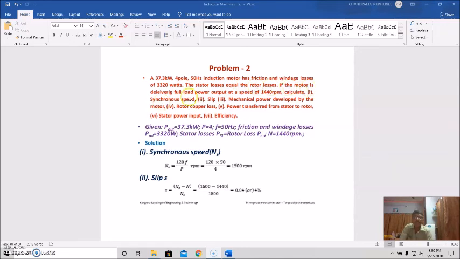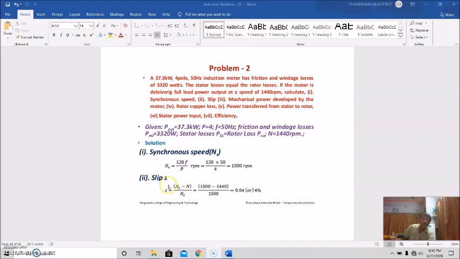If the motor is developing full load power output at a speed of 1440 rpm, calculate the synchronous speed, slip, mechanical power developed by the motor, rotor copper loss, power transfer from stator to rotor, stator power input and efficiency. So the data given: output power, poles, the supply frequency, friction and windage loss PML, stator loss which is equal to rotor loss PCU, and rotor speed.